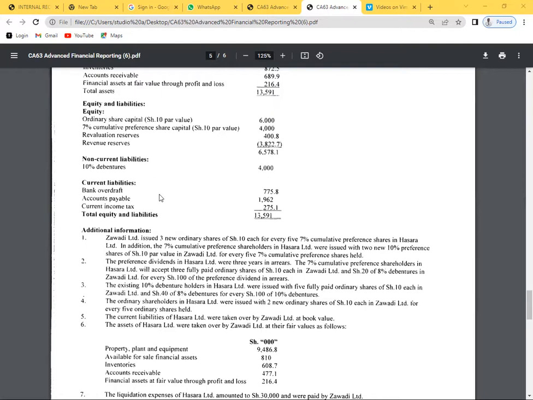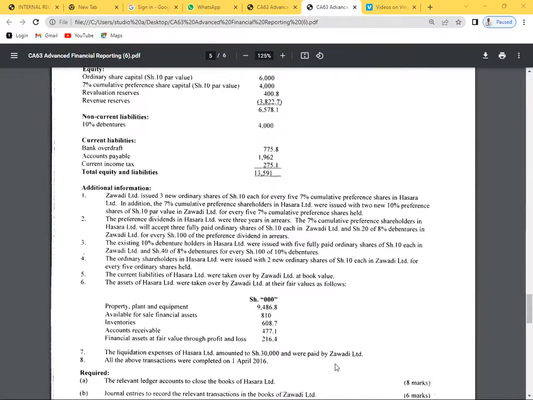So could you kindly give me the total? They are not giving me the total.